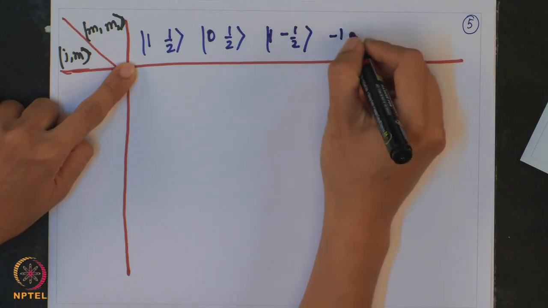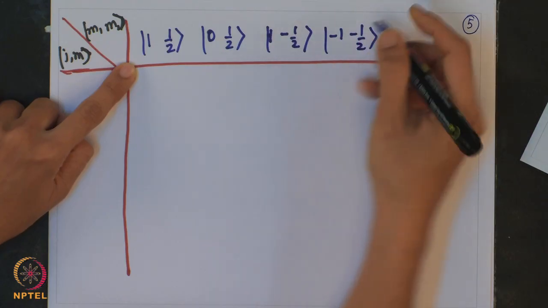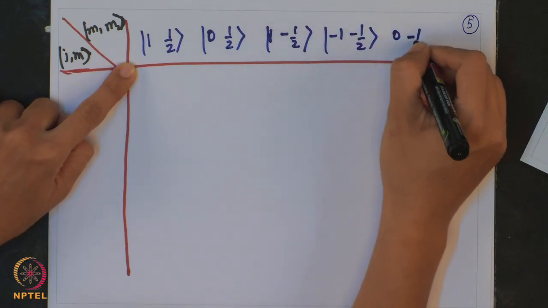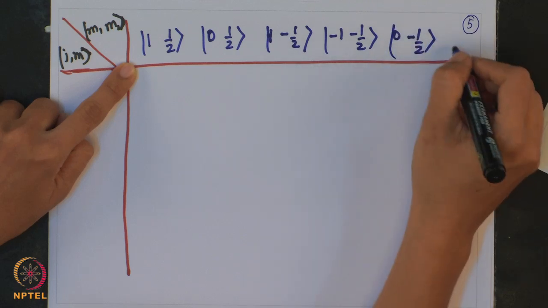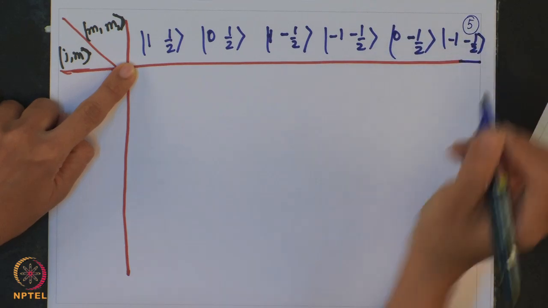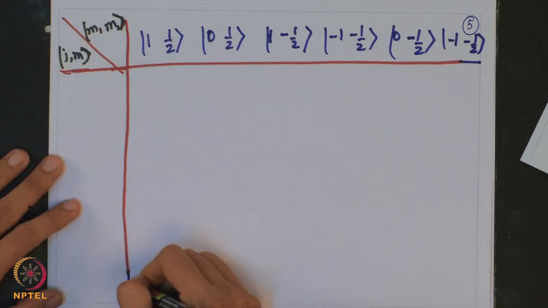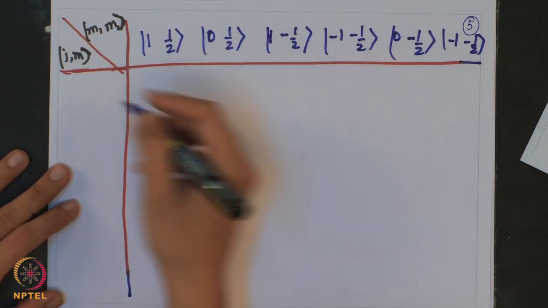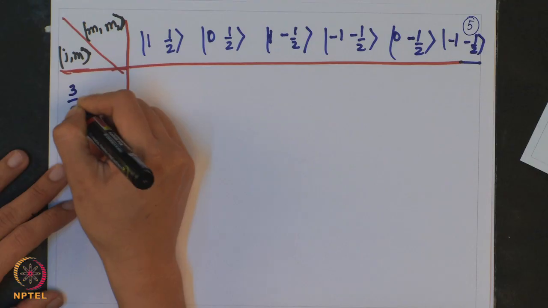There are various ways in which you can group these states. Here my intention is to group the states in terms of decreasing order of M, and in a minute you will understand why this choice is being taken.